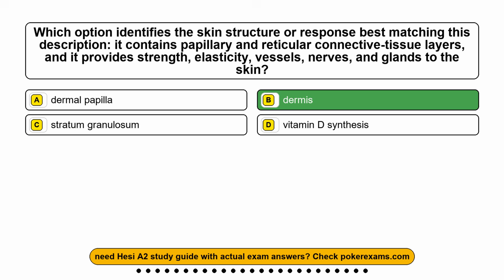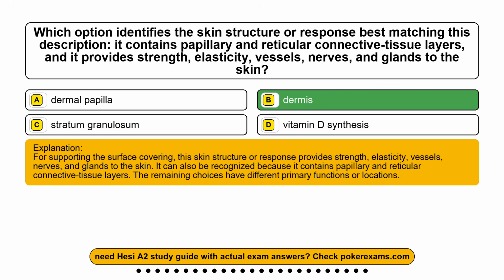The correct answer is option B, dermis. For supporting the surface covering, this skin structure or response provides strength, elasticity, vessels, nerves, and glands to the skin. It can also be recognized because it contains papillary and reticular connective tissue layers. The remaining choices have different primary functions or locations.